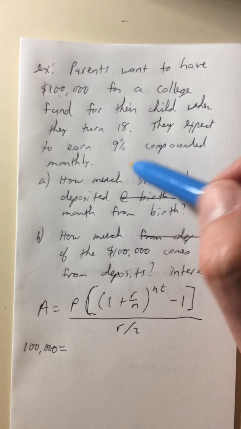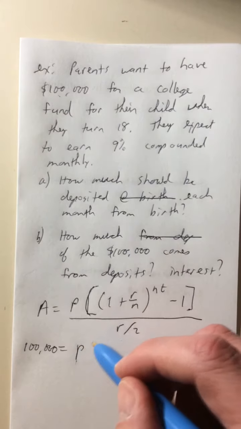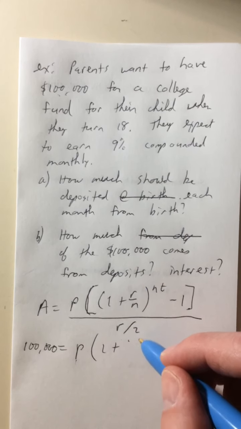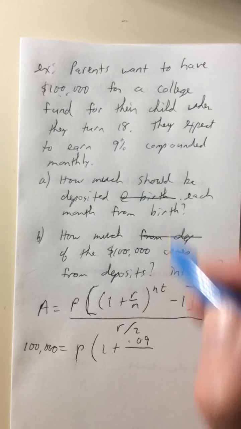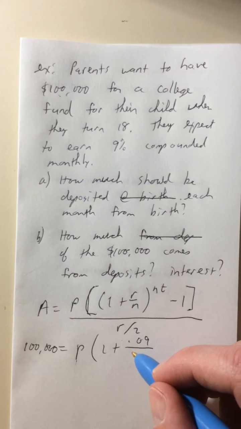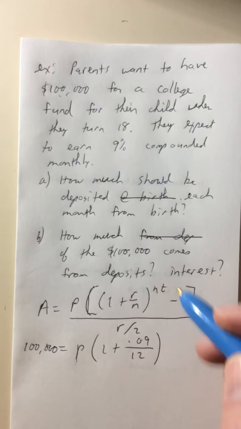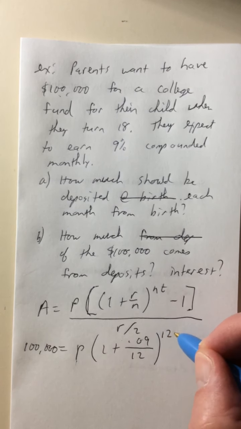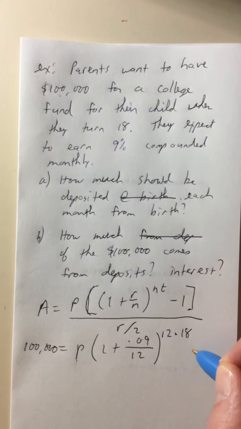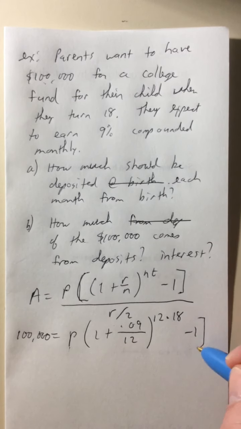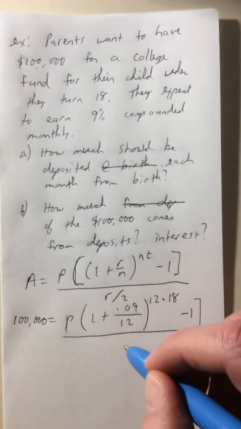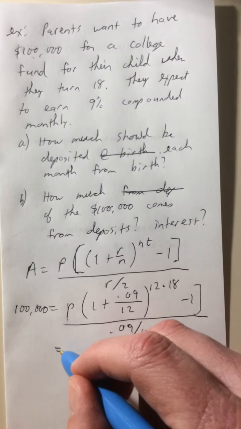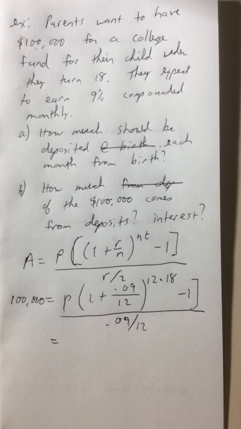And so we have P, which we don't know. And we got 1 plus the interest rate, 0.09. And they are depositing or compounding monthly, so that's a 12 there. And 18 years from now, so we're going to do monthly, that's the N times the T, minus 1, bracket, and 0.09 divided by 12. And so we just do the stuff here.